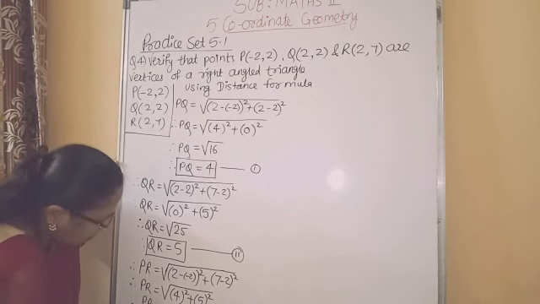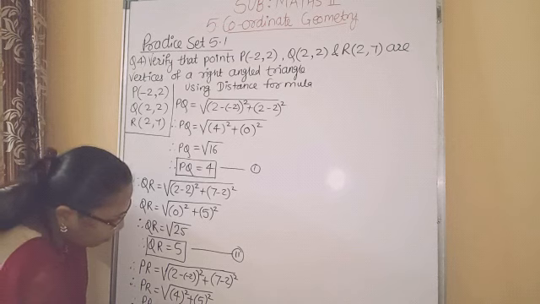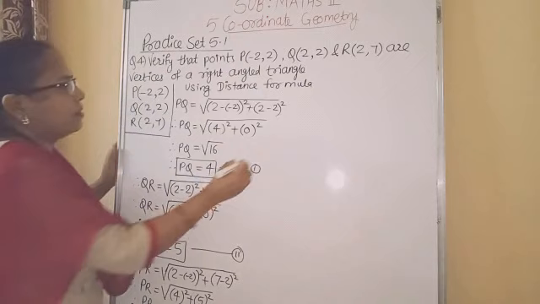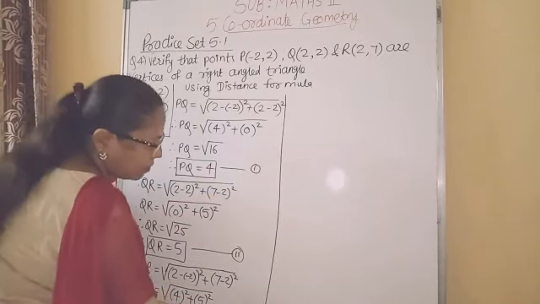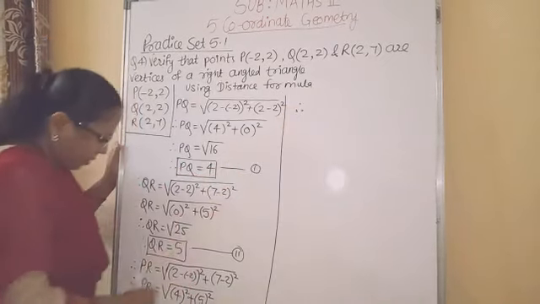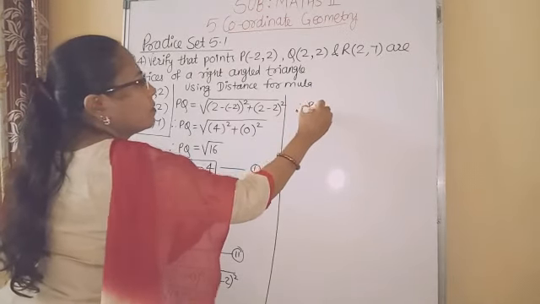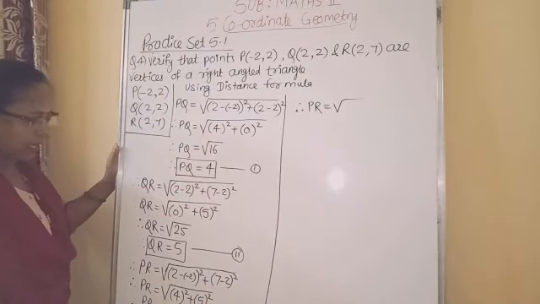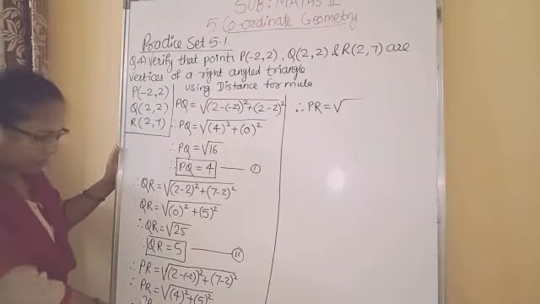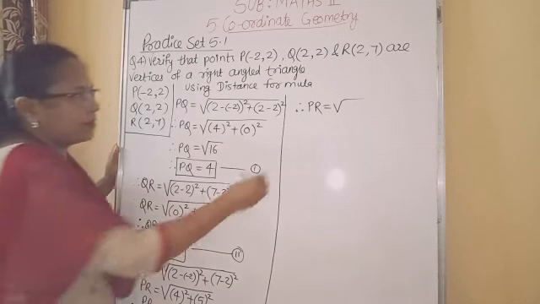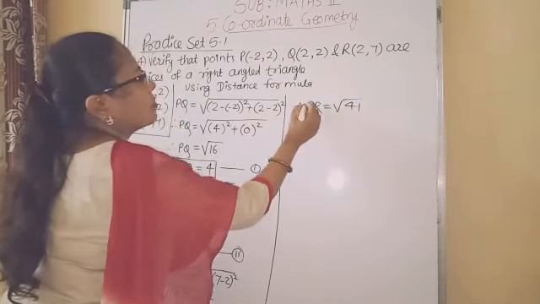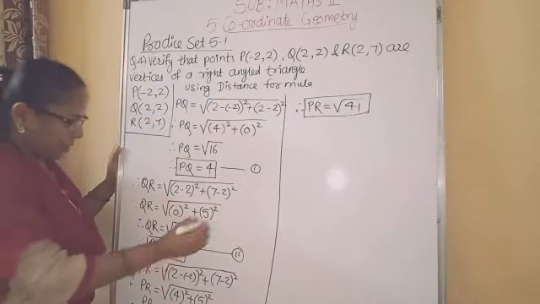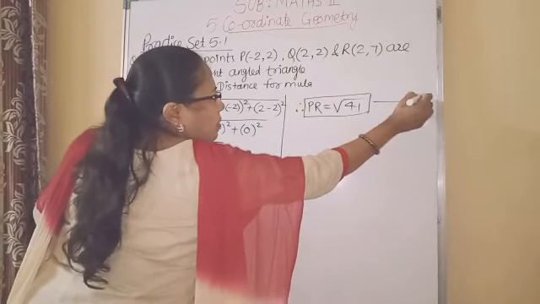Therefore PR is equal to square root of 16 plus 25. 16 plus 25, 41. Okay. Now give here statement number 3.